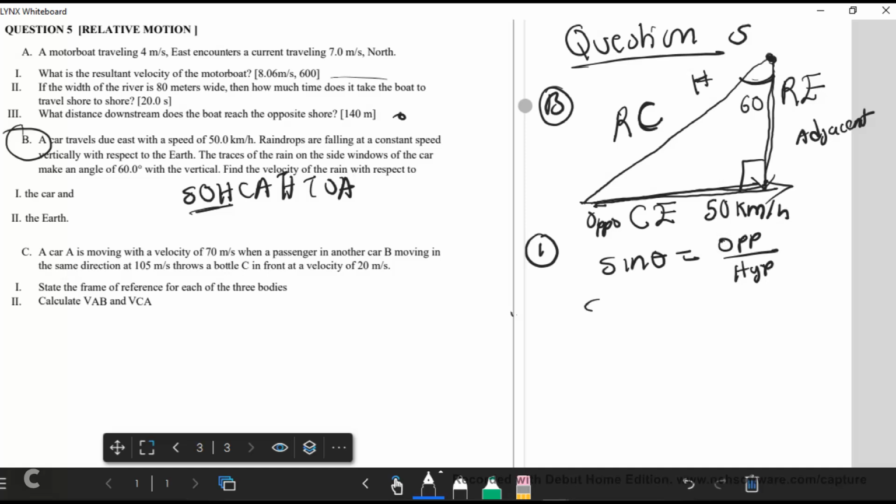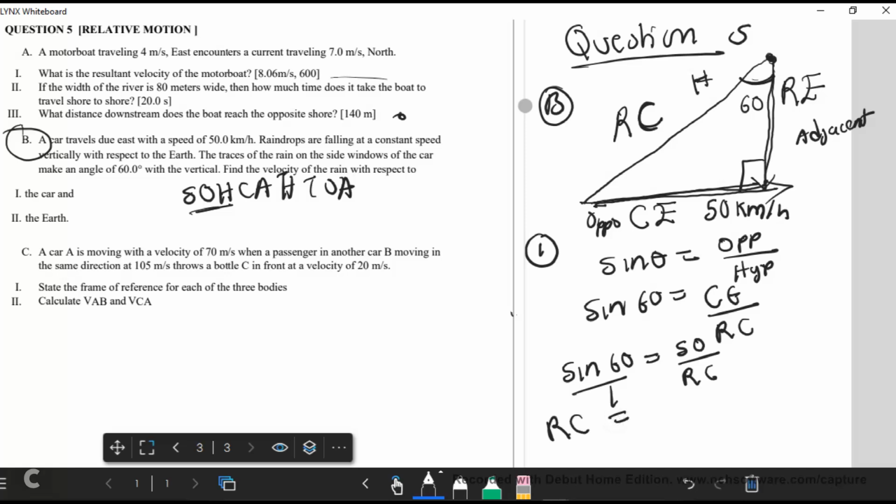Sine of the angle, which is 60, is equal to the opposite, which is car with respect to the earth, over the hypotenuse, which is rain with respect to the car. Such that sine 60 is equal to car with respect to the earth, which we said is 50, over rain with respect to the car. When you cross multiply, R is equal to 50 over sine 60.